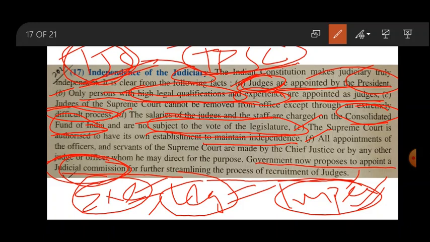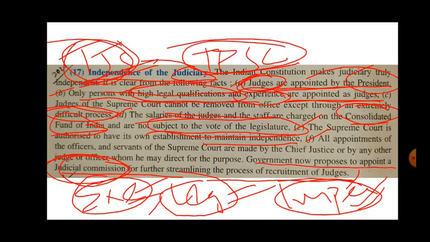So it can be a Tripura Judicial Commission, which will work in order to recruit judges. That will make it more independent, more precise. That's why the Constitution has this feature, independence of the judiciary.